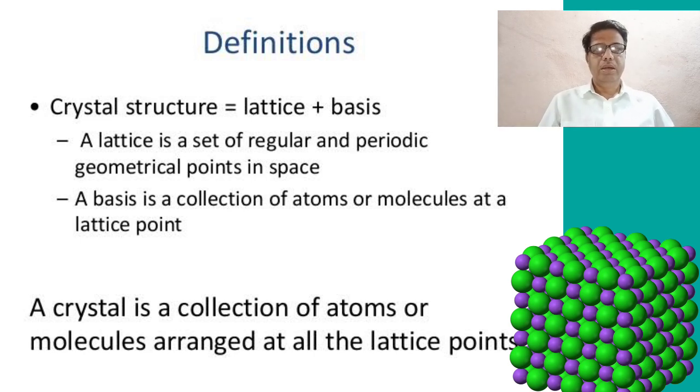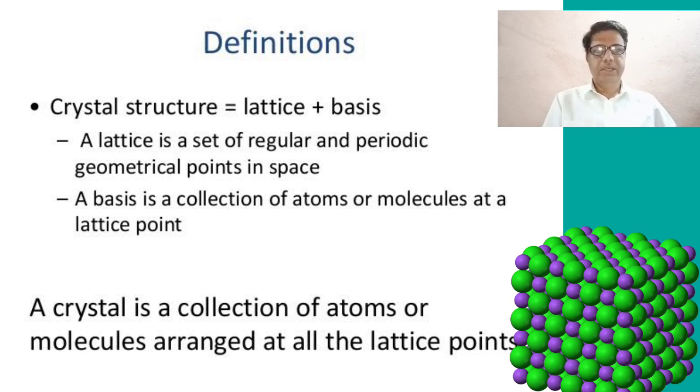Today we are going to discuss the next point from solid state, 1.4 crystal structure. In this point, today we collect the information about the simple concept of crystal structure, or how crystal structure is formed, and what the basic parts of a crystal are, that is lattice and basis.